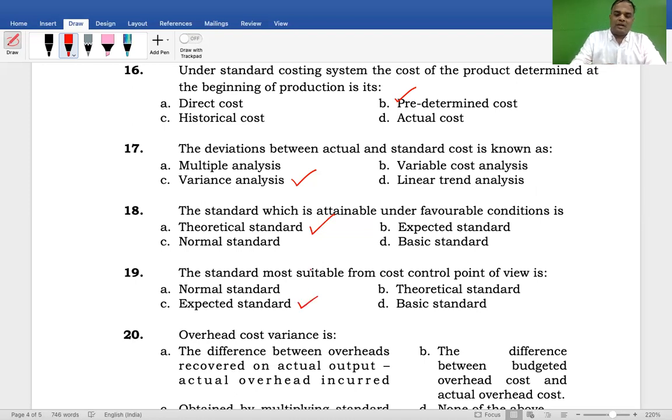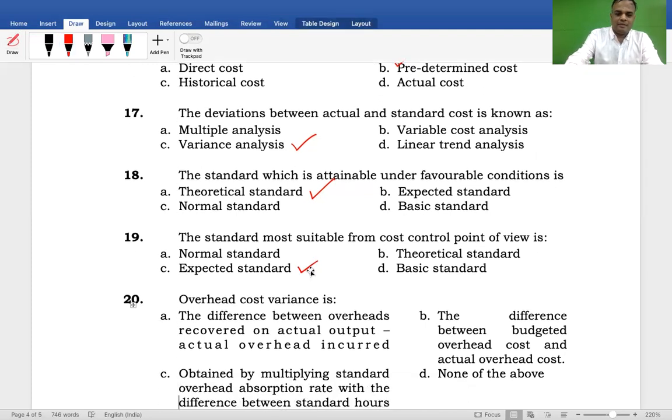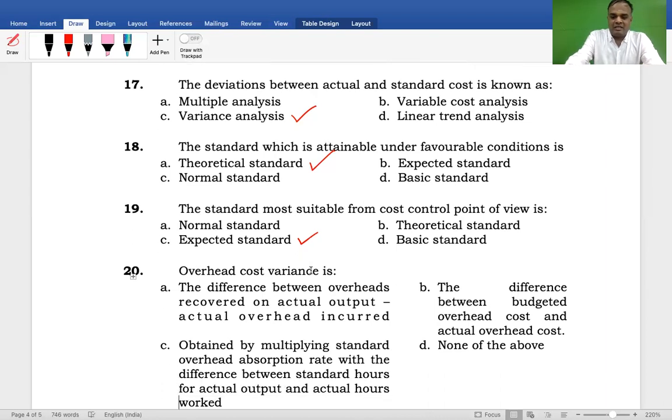Next, overhead cost variance is: A, the difference between overhead recovered on actual output minus actual overhead incurred. B, the difference between budgeted overhead cost and actual overhead cost. C, obtained by multiplying the standard overhead absorption rate by the difference between standard hours for actual output and actual hours worked. D, none of the above.